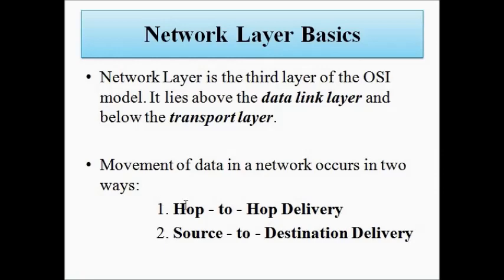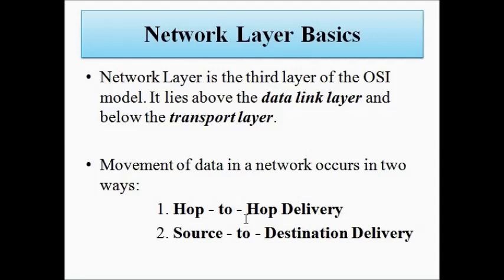So the movement of data in a network occurs in two ways. It can either be hop to hop delivery or it can be source to destination delivery. Okay, the data can flow in a network in one of these two ways.